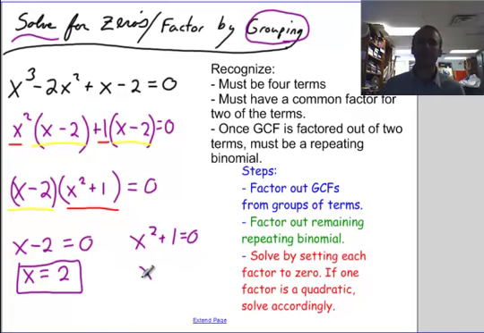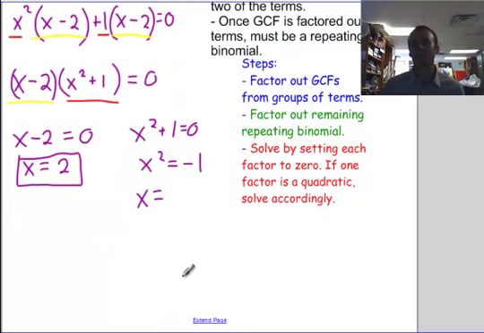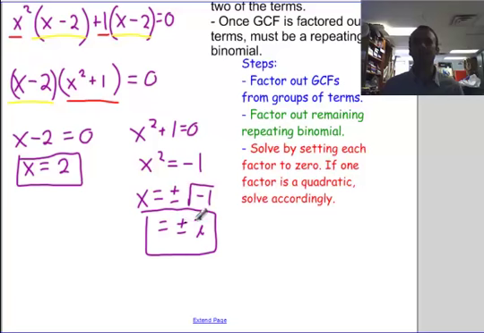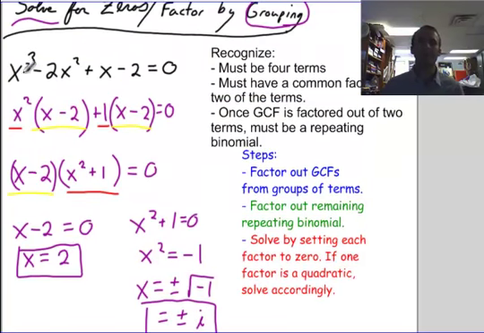This one, when I subtract 1, I get x squared is equal to negative 1. So I can solve this quadratic just by taking the square root of both sides, and I get x is equal to plus or minus the square root of negative 1, which is equal to plus or minus i. Notice this plus or minus makes that 2 answers. So I have 2, 3, and my original equation was third degree. So that's why I have 3 solutions.